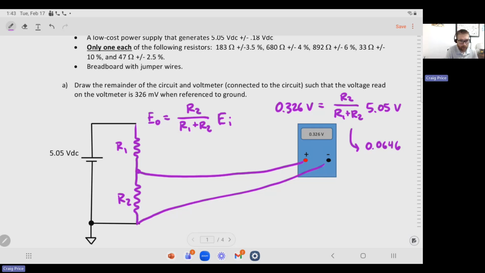So at this point, there's not really an easy way. We don't have Excel available to us, but you're just going to plug in numbers. Now, I know this is small, so I can start with a pretty high number for R1 and a small number for R2. And so we should find that, which is crazy, it actually works out pretty well, R2 is 47 ohms and R1 is 680. That gets us about that same ratio that we're looking for.